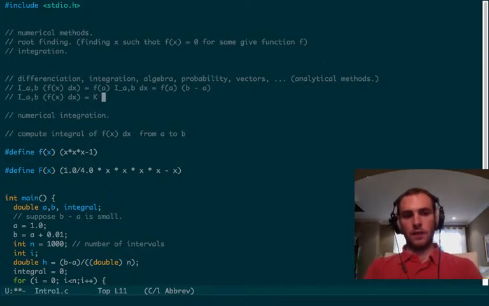Which gives you k times x squared over 2 between a and b, so it gives you k times b squared over 2 minus a squared over 2.